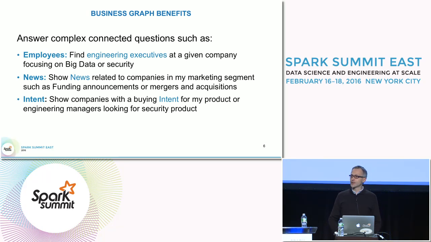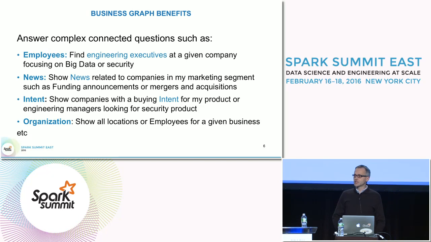Or intent, showing the companies that have an intent of buying my particular product, or specific employees like an engineering manager looking for a given product like security, for instance. Or organizations, being able to show all the locations of a given company along with the employees. And you can see that each of these queries will involve multiple types of data and their relationships. So using a graph for us is a natural way to model that data.